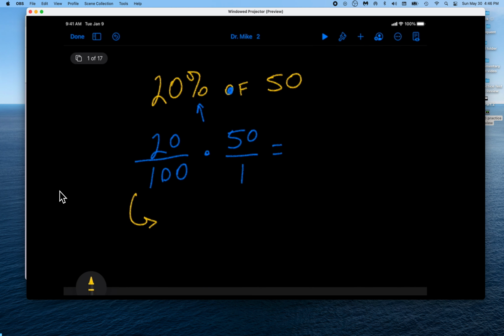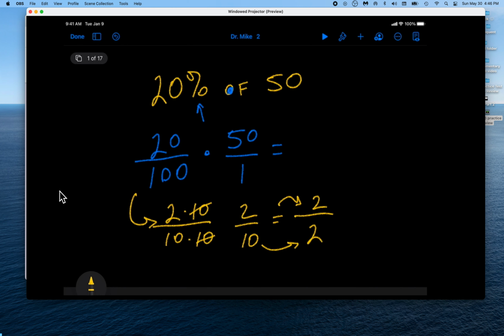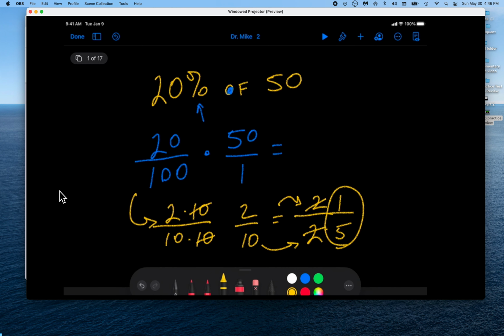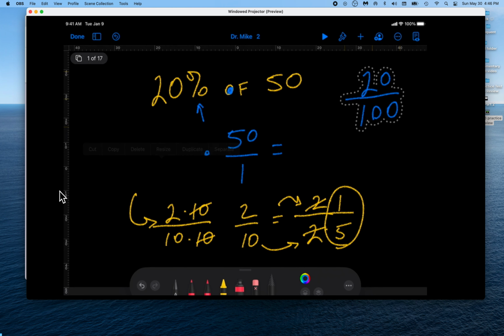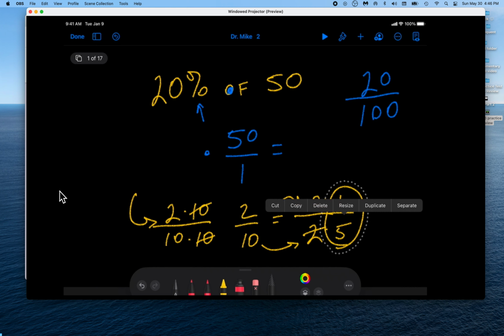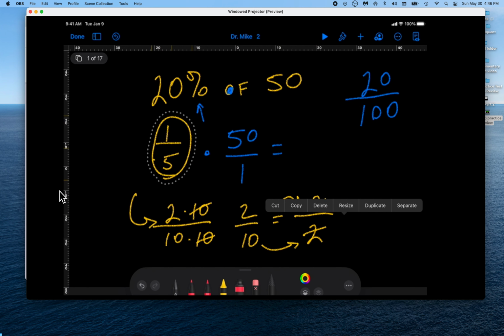This becomes 2 times 10 over 10 times 10. 10s cancel. 2 over 10 becomes 2 times 1 over 2 times 5, or 1 over 5. So I'm going to take this 1 over 5 and I'm going to replace it. Replace the 20 over 100 with 1 over 5.